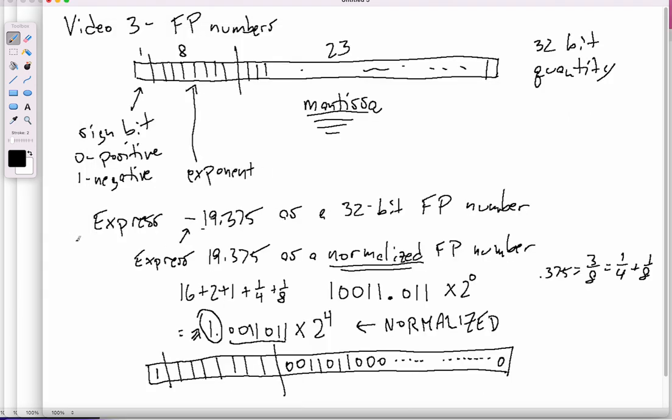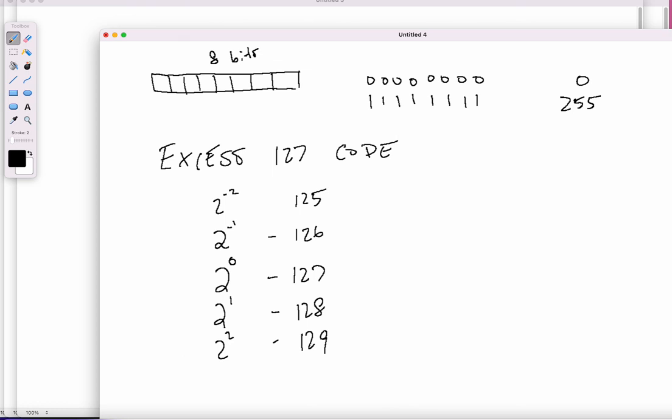So what's going on over here is we have to store an exponent of 4. If I have to do an exponent of 4, well, 2 to the 3rd would be 130, and 2 to the 4th would be 131. The reason why it's called XS 127 is I would just go 127 plus 4 gets me to 131. So that's what I need to store in the exponent field.